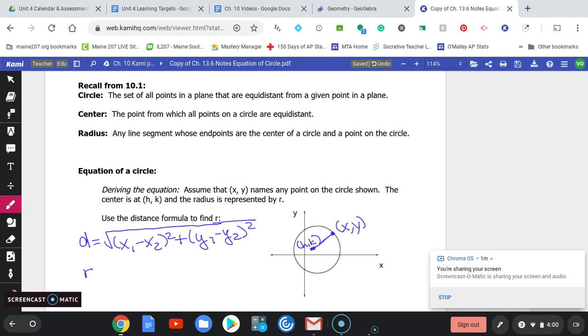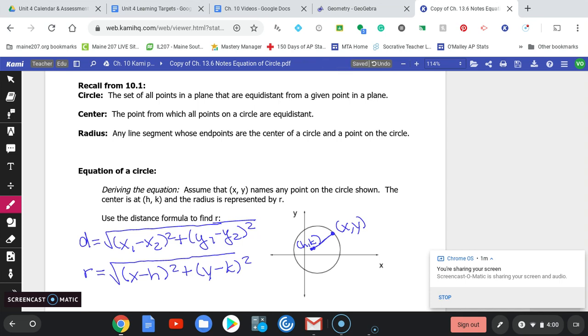So in this case, we're looking for our radius, and it's going to be equal to the square root of the difference in our x, so x minus h squared, plus the difference in our y's, which is y minus k squared.